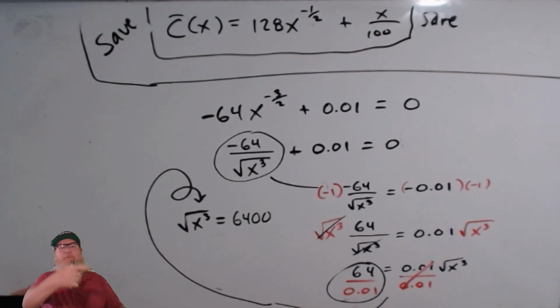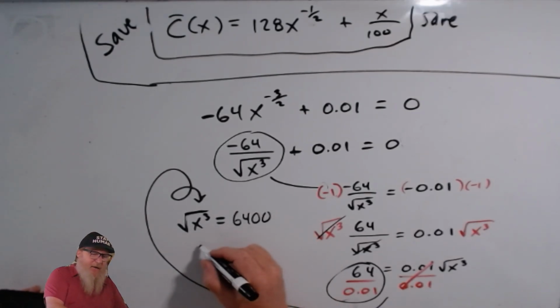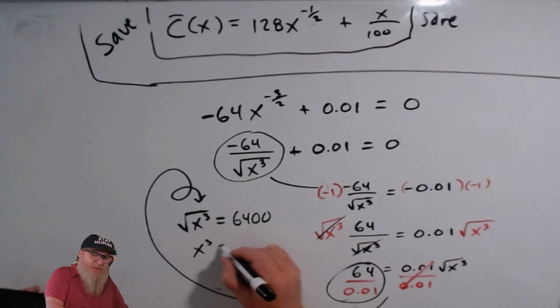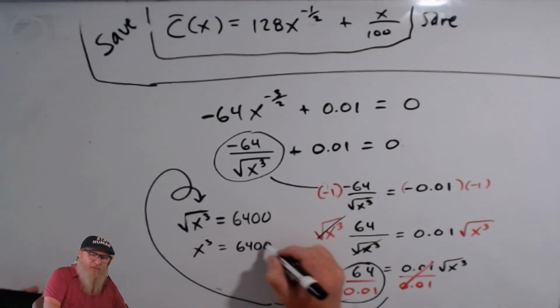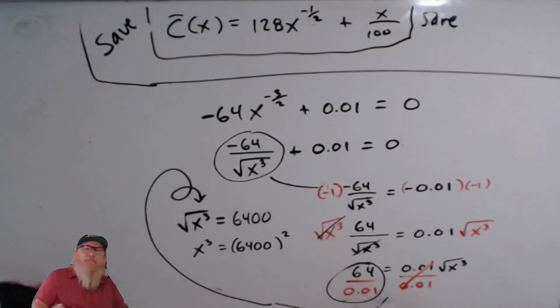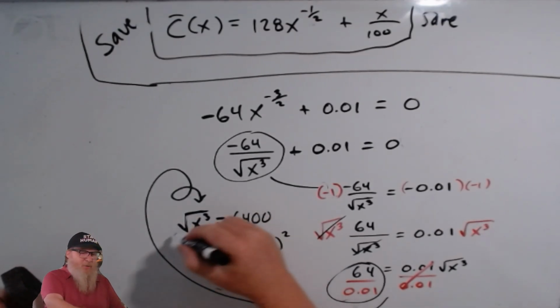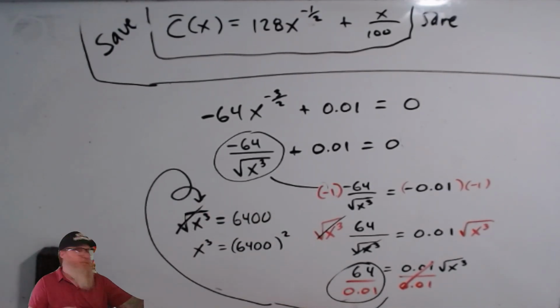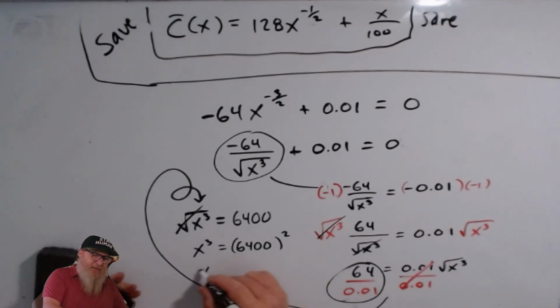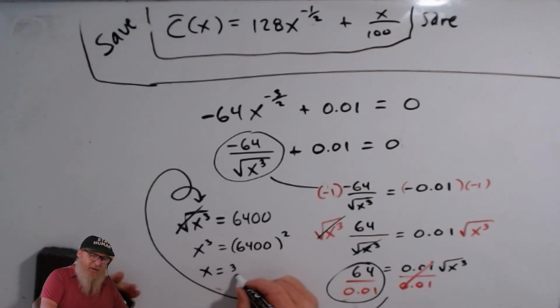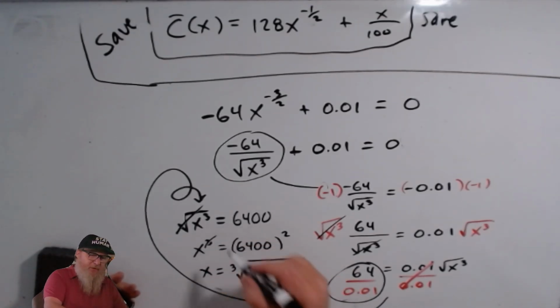Okay, so I did a little flipperoo here. And now let's square both sides. That gets rid of the square root. And then let's take the cube root of both sides, and that gets rid of the cubed.